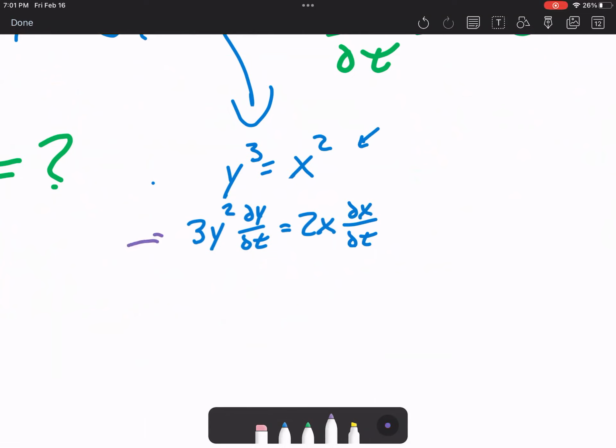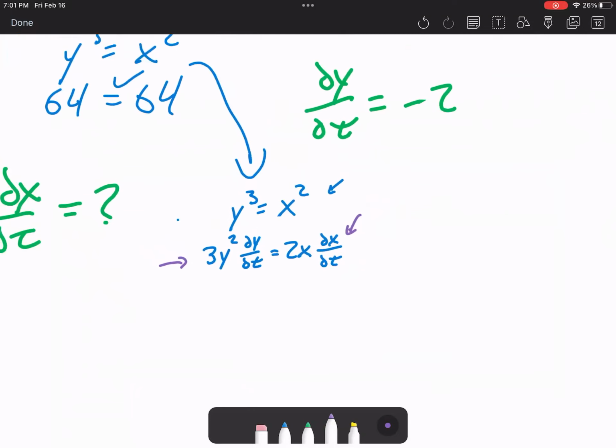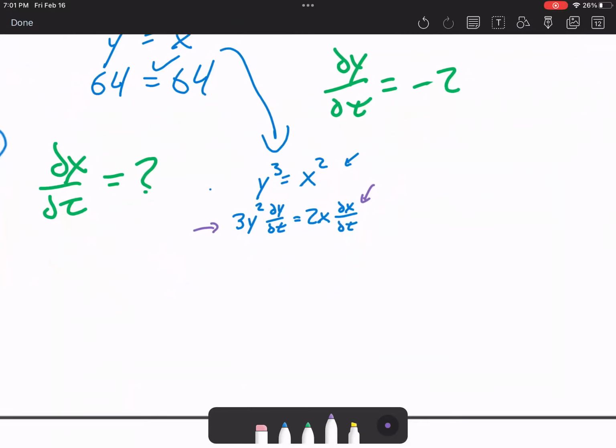So now we can take this equation and solve for the part that we want. How fast are we traveling in the x direction? So let's move some things around. dx/dt can be solved for by taking 3y squared dy/dt. So all of our derivatives are with respect to t. So I'm going to move to Newton's notation.